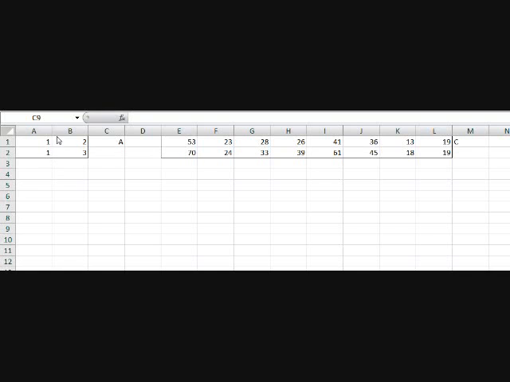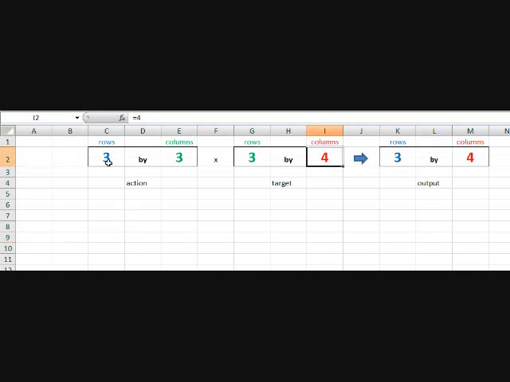Remember, we're dealing with a 2 by 2 here, and over here this is a 2 by 8 output. So if we refer over to this sheet on rows and columns, we see the action matrix is 2 by 2 in size, and the target would have to be 2 by 8, and the reason is our output matrix is a 2 by 8.